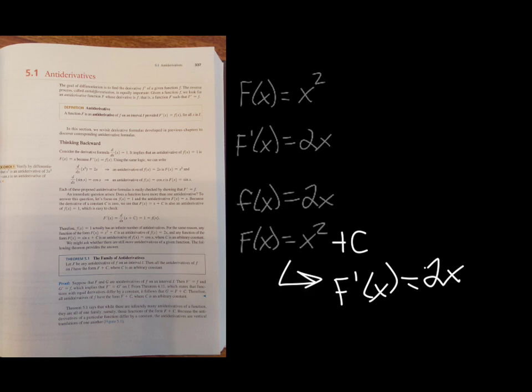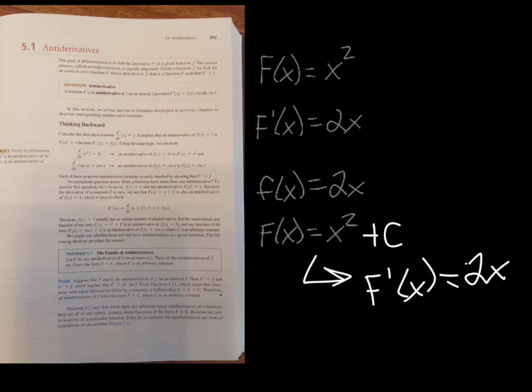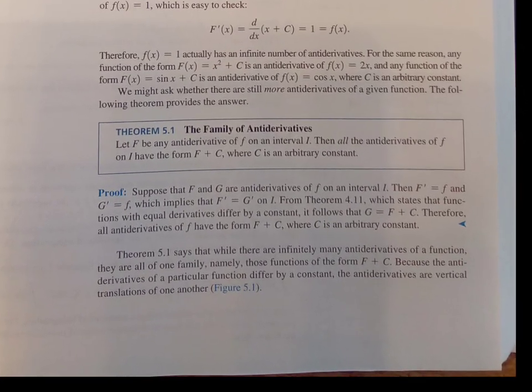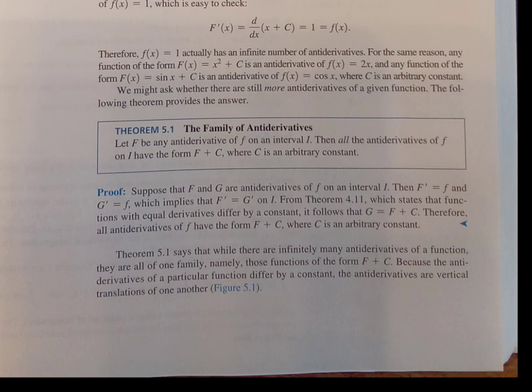And so then I get to here. So you always got to notate this. And then what we're going to say here is let F be any antiderivative of f, then all antiderivatives of f have the form F plus c, okay?